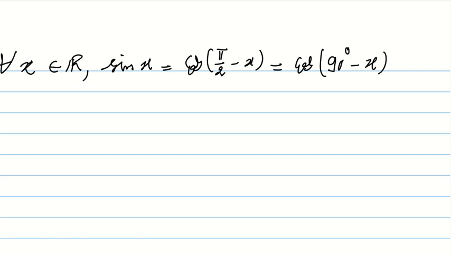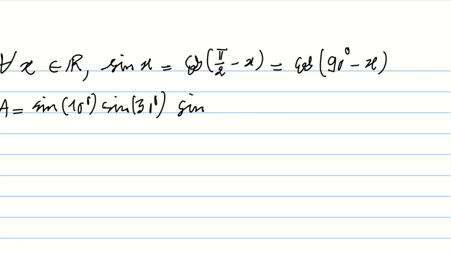And using this formula we get a, which is equal to, I will repeat it here, sine 10 degrees multiplied by sine 30 degrees multiplied by sine 50 degrees multiplied by sine 70 degrees.